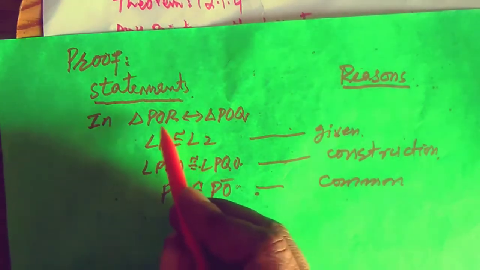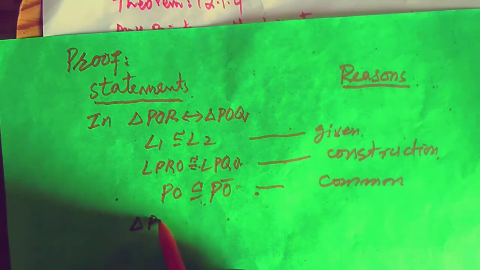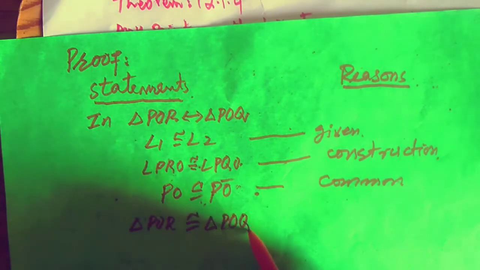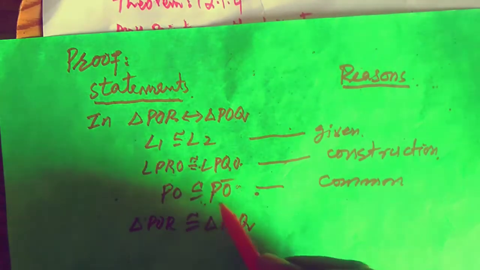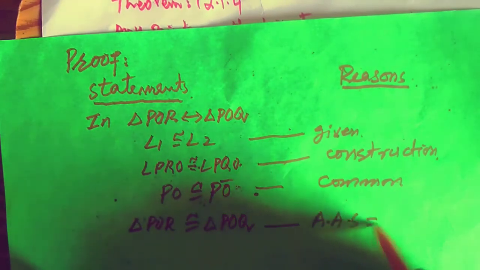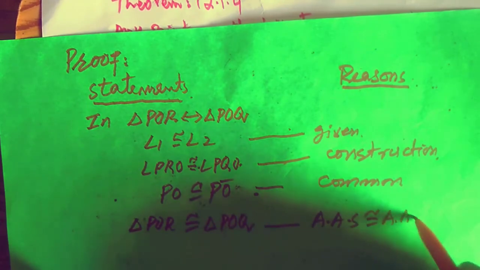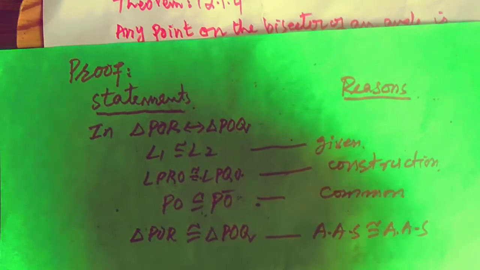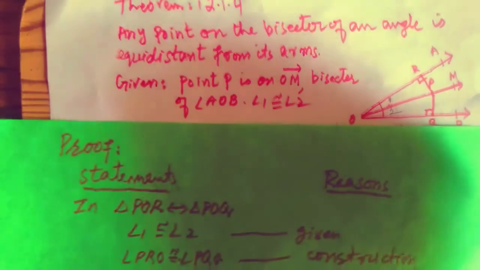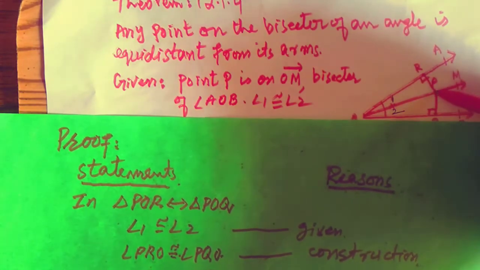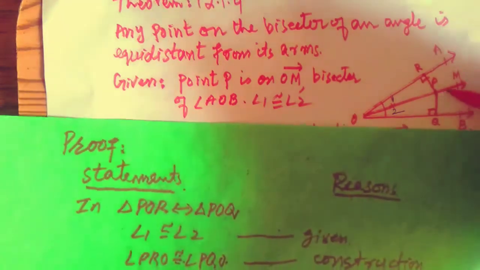So triangle POR is congruent to triangle POQ, angle side angle. The remaining 3 pairs, which we need, this side PR and PQ, are also congruent to each other.